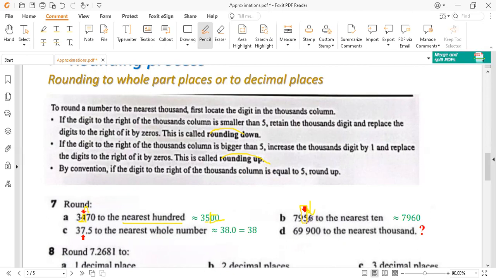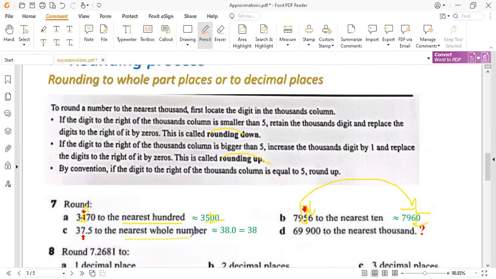So yes, we add a 1 to 5. We add 1, so we round up the 5 to obtain a 6, and we set all the digits located to the right of 6 to zeros. To obtain, by rounding up this number, 7,960.